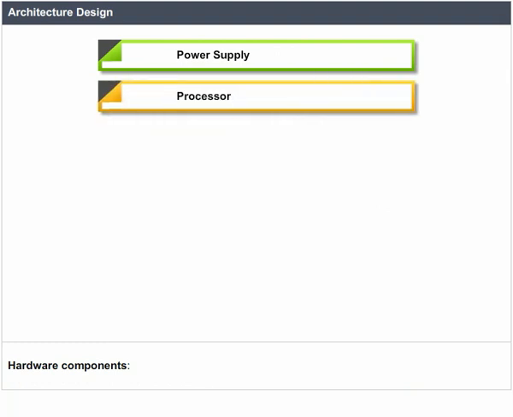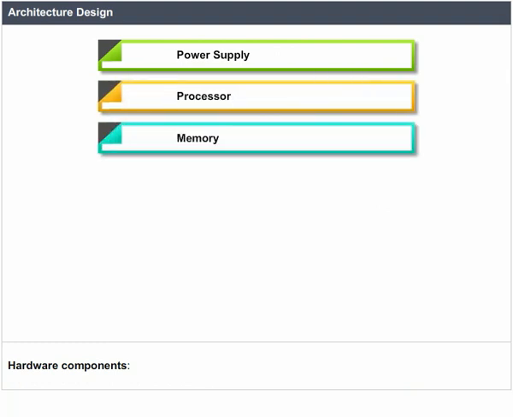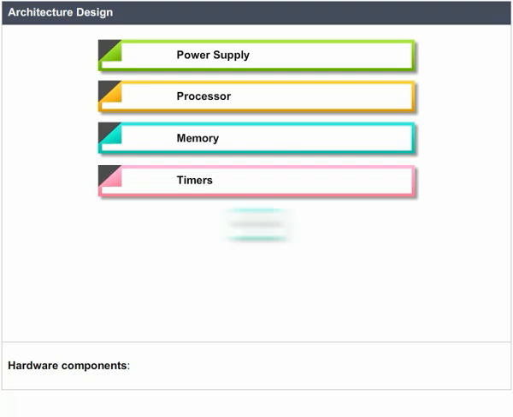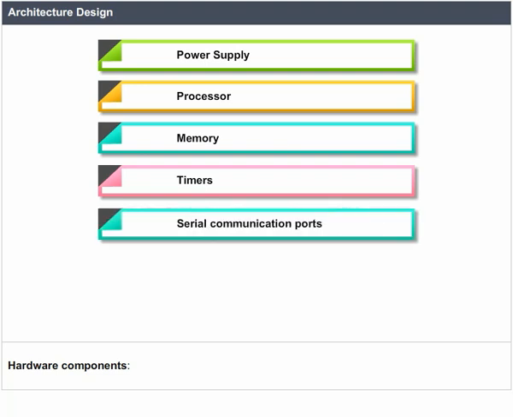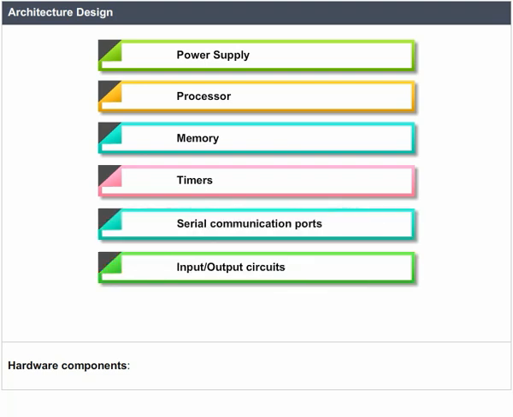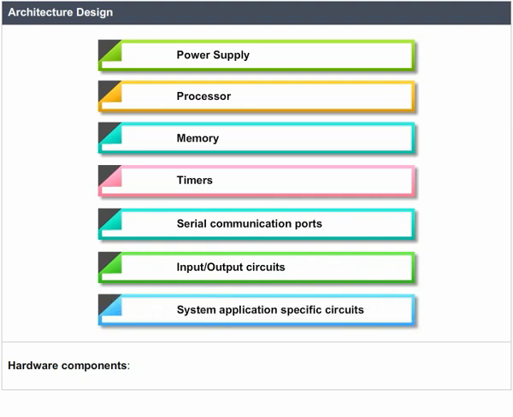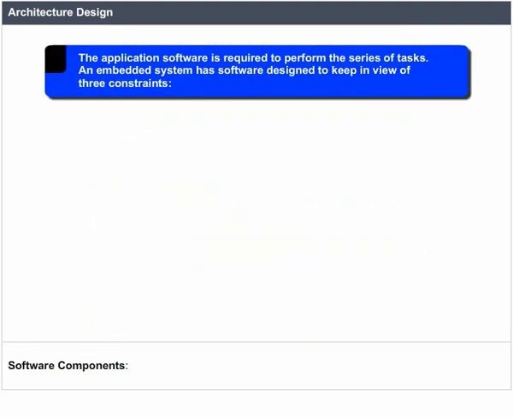An embedded system has software designed to keep in view 3 constraints: availability of system memory, availability of processor speed, the need to limit power dissipation when running the system continuously in cycles of wait for events, run, stop, and wake up.